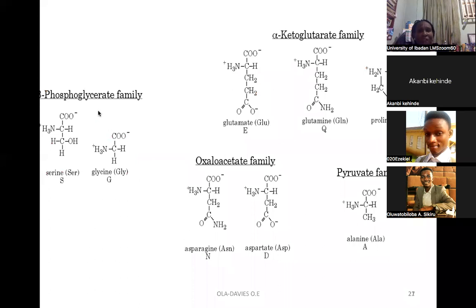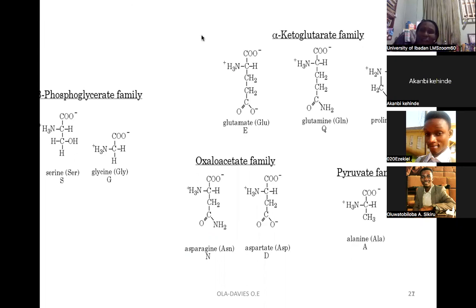Here we have the skeletons of many of these amino acids. Those in the phosphoglycerate family have the phosphoglycerate skeleton. Those that have four carbon units have the oxaloacetate skeleton; examples are asparagine and aspartate.